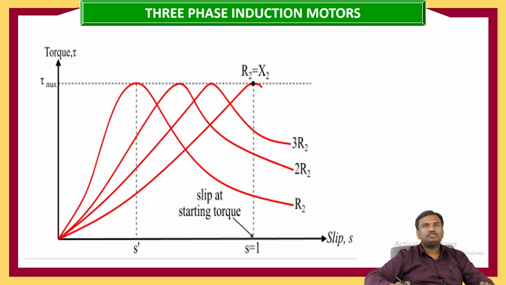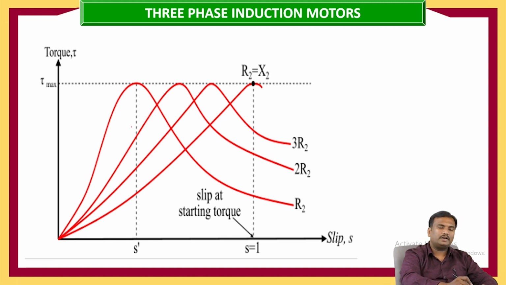And when we go on changing the rotor resistance, the maximum value of torque will never change. Only the position where we are going to get the maximum torque is going to change.